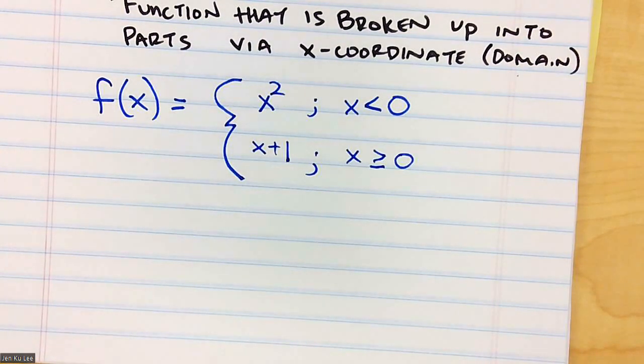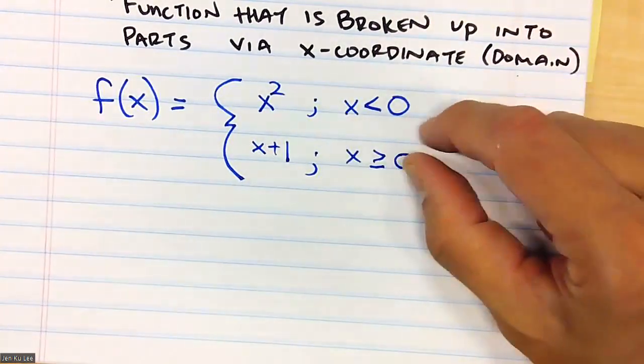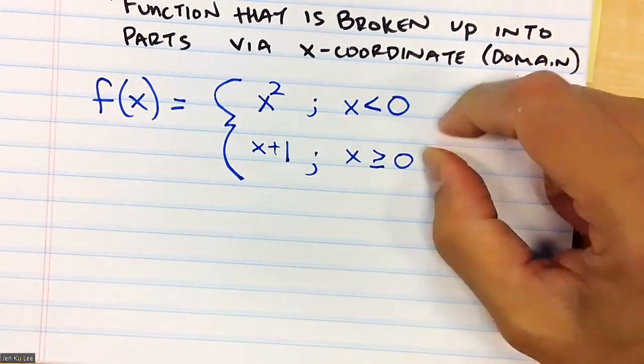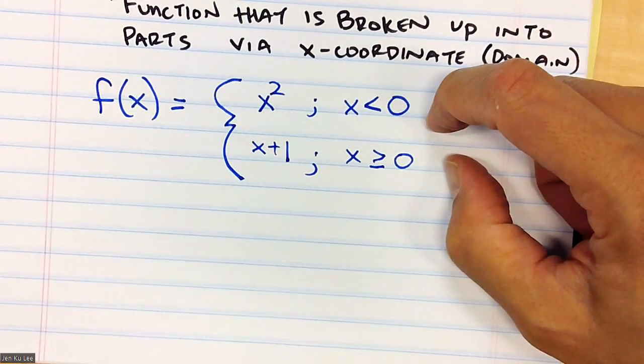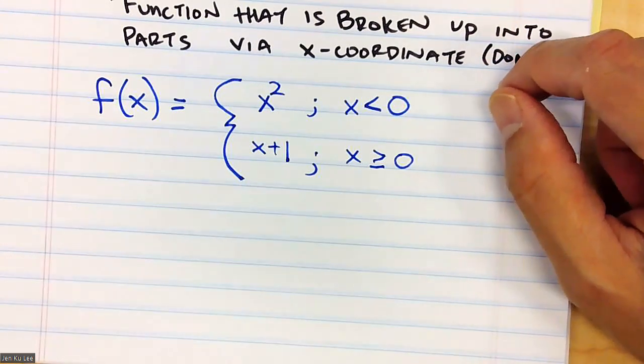You see how there's two parts? And it's broken up by your domain, by your x coordinate. Okay?